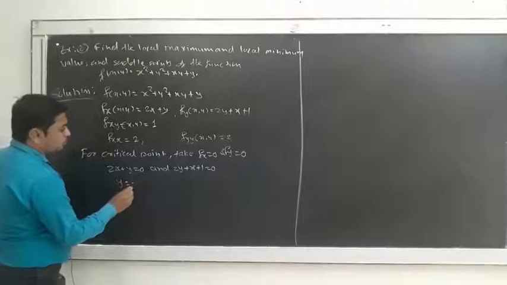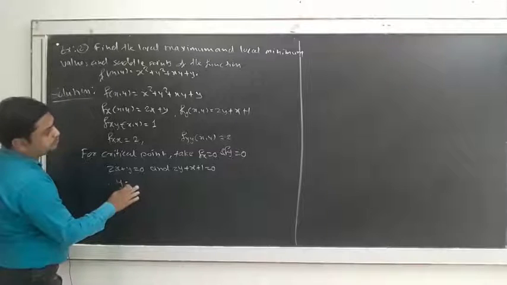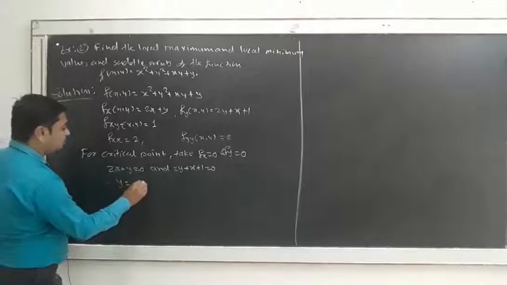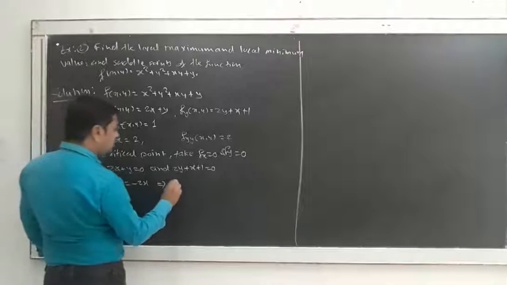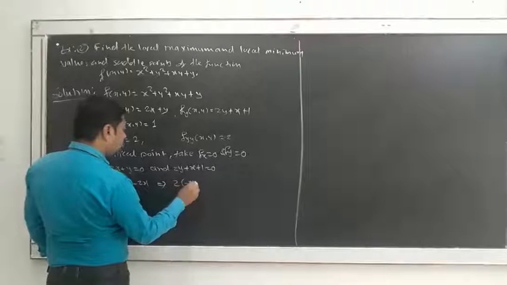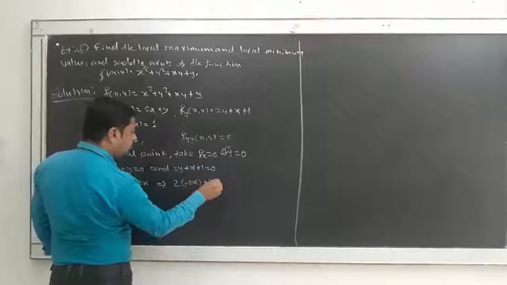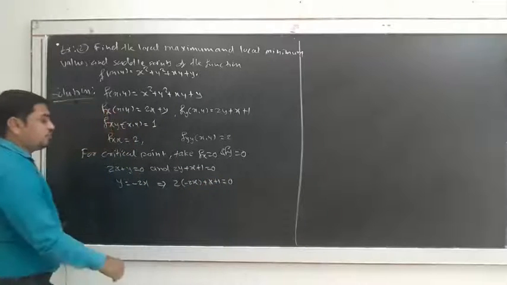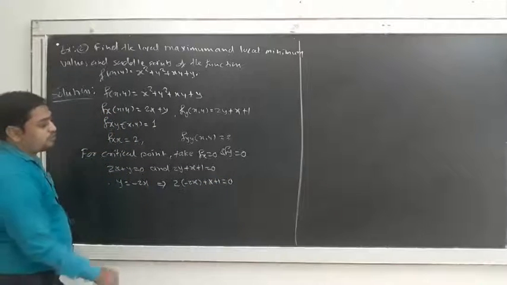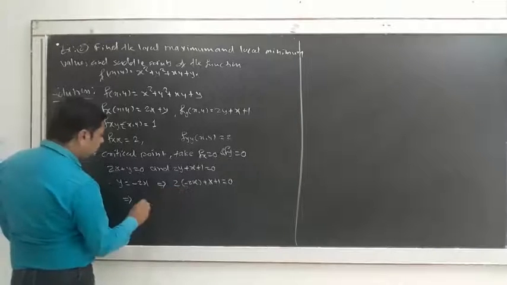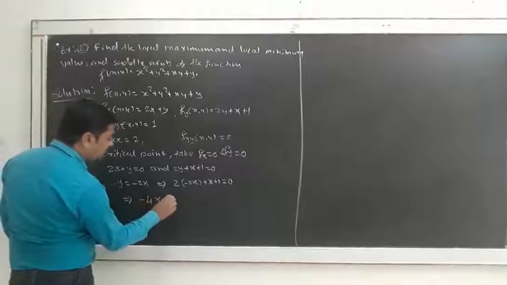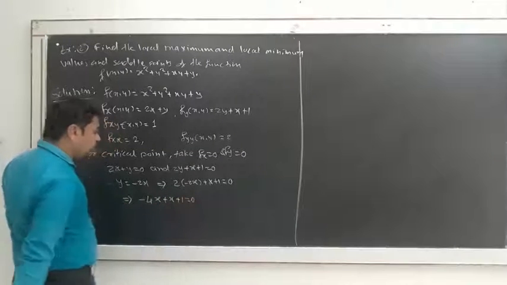So what can we write here? y is equal to minus 2x, and this implies that putting this value of y here, 2 into minus 2x plus x plus 1 is equal to 0. We are trying to solve both of these equations, and what we are getting now is minus 4x plus x plus 1 equal to 0.